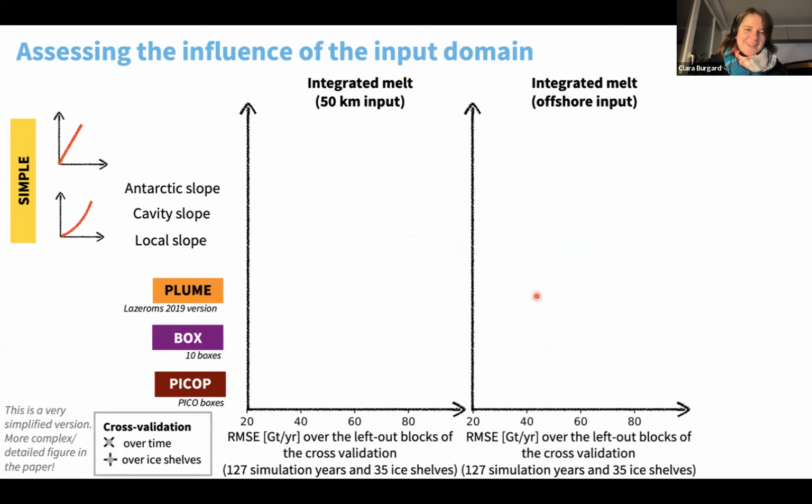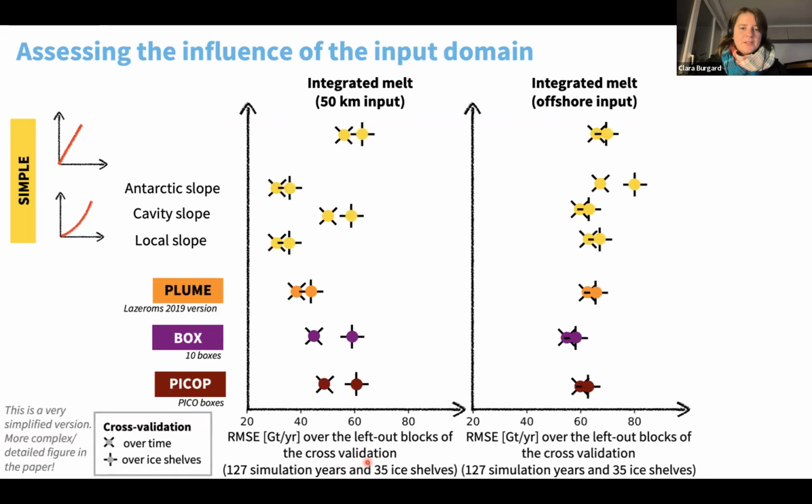And how we assess this is by looking at the root mean squared error over the left-out blocks of the cross-validation. So always these blocks that I showed were evaluation before. And now we look at the integrated melt. So this was the quantity that was tuned to. And these are the results.